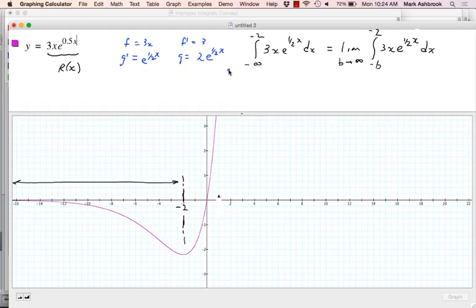Okay, ready to set it up. So what do we have? We maintain this limit as b goes to infinity. And we have f times g, 3x times 2e to the 1/2 x, minus the other integral. The other integral is 6e to the 1/2 x. Check my math, guys. I'm making mistakes today.